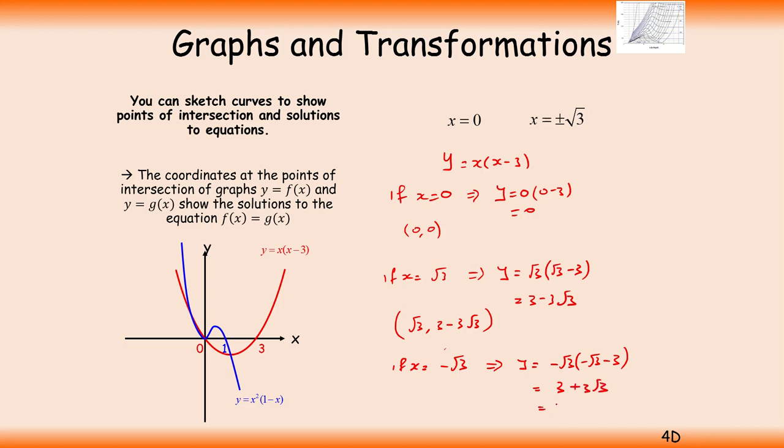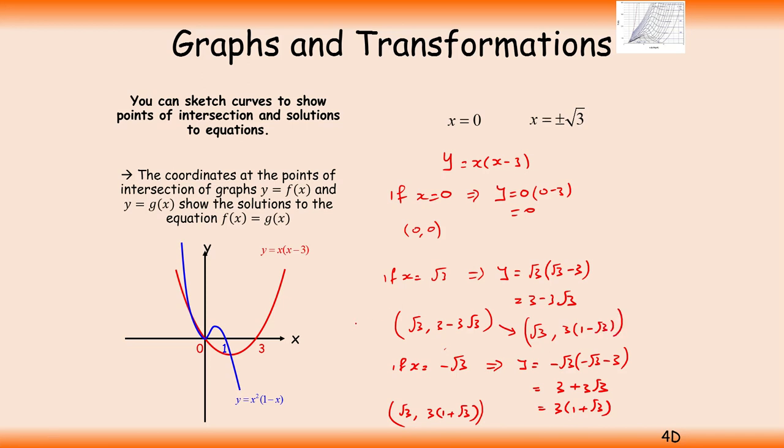Again, we can factorize that, 3 into 1 plus root 3, and so the coordinates are going to be minus root 3, 3 times 1 plus root 3. Like we said here, we could have factorized that, so it could also be root 3, 3 brackets 1 minus root 3.